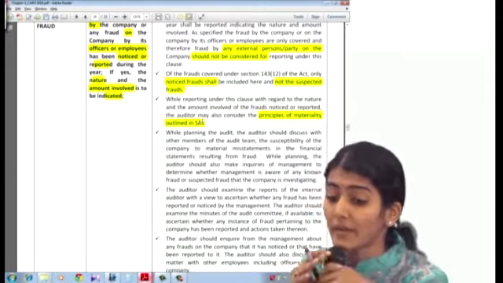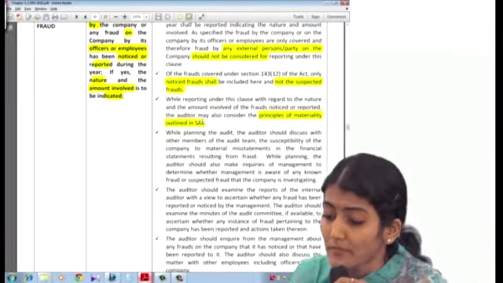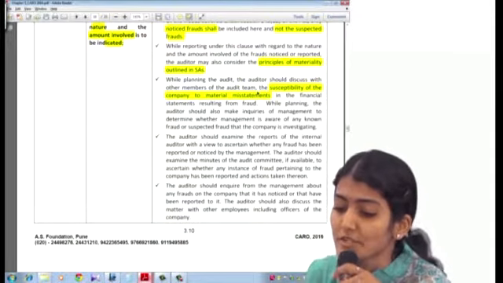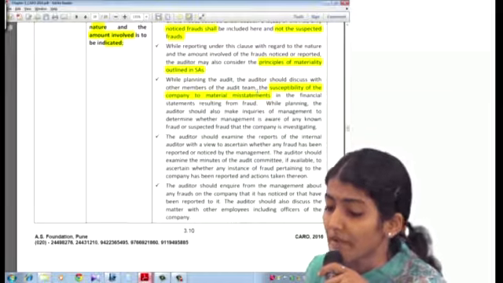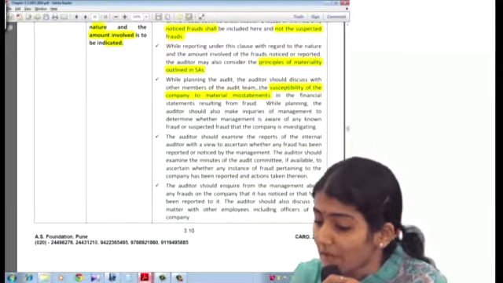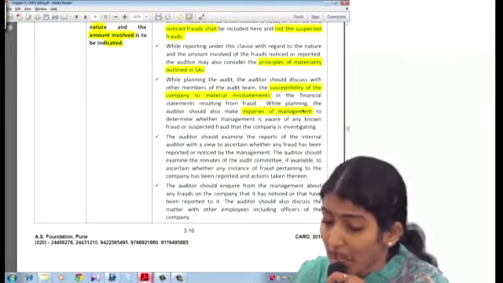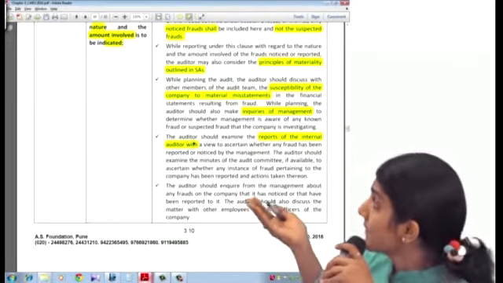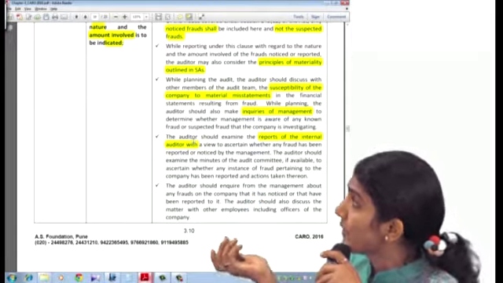While planning the audit, the auditor should discuss with the members of the audit team the susceptibility of the company's financial statements to material misstatement resulting from fraud. He should also make inquiries of the management. The auditor should examine the reports of the internal auditor to ascertain whether any fraud has been reported or noticed.